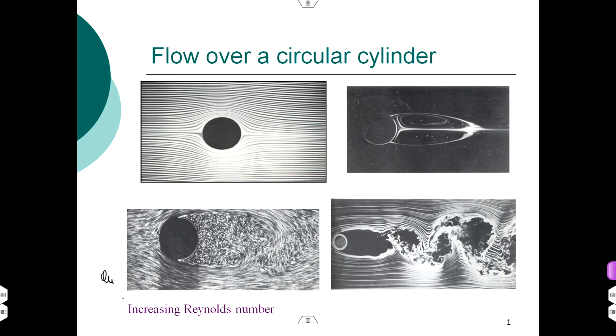by the way, in the experiment, low Reynolds number experiments are carried out in liquids because viscosity is high, so it is easy to get low Reynolds number. High Reynolds number experiments are carried out in air because viscosity is already small, so it is easy to generate high Reynolds numbers.